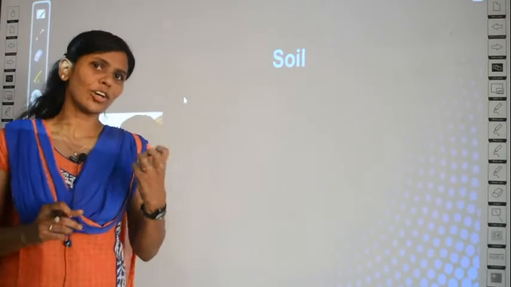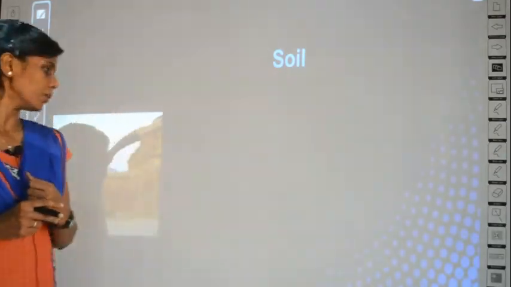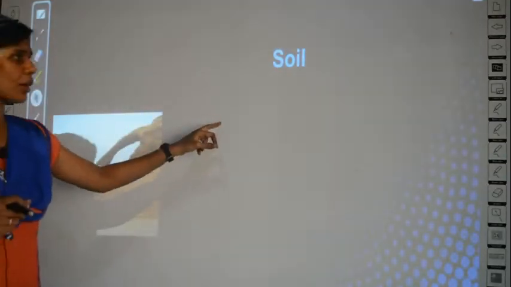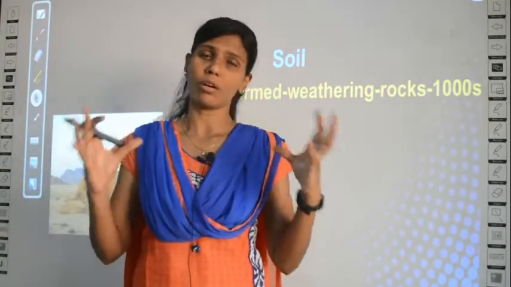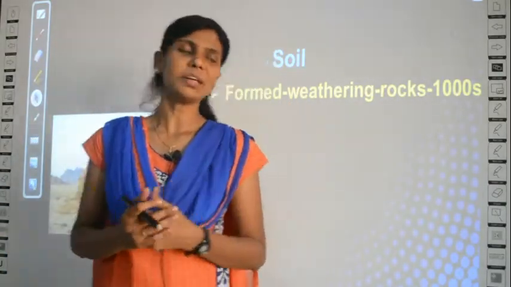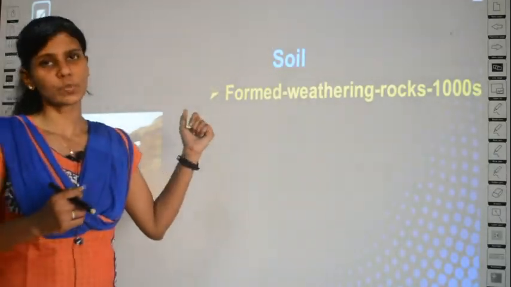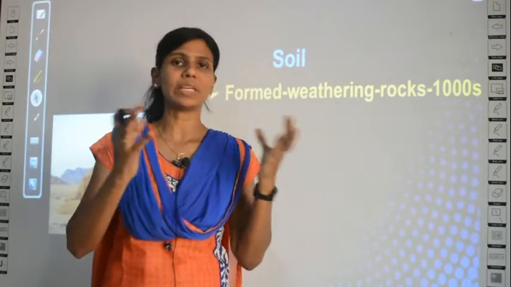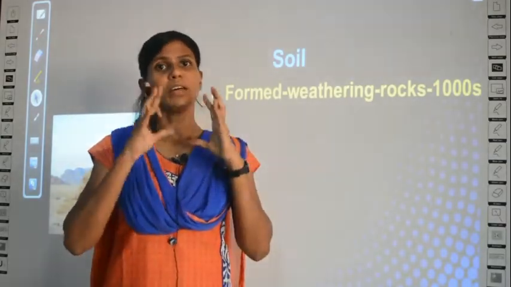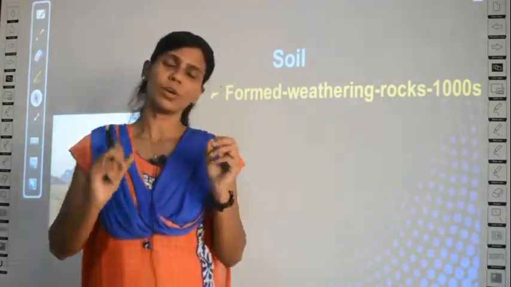The next abiotic factor is soil. What is soil? How is soil formed? You must have learnt in geography, no? How soil is formed from big rocks. For many years together, weathering happens. What is weathering? Repeated heat and cold, or fluctuation in temperature, will make the rocks break into small particles.